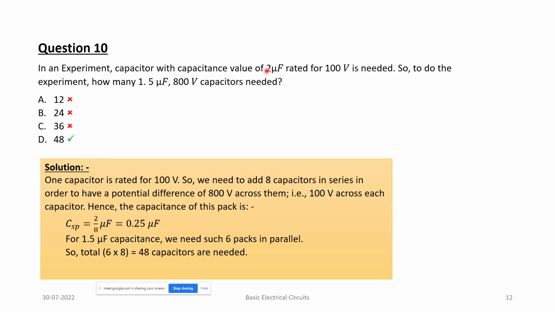Basically the question should be: in an experiment, a capacitor with capacitance value of 1.5 microfarad rated for 800 volt is needed. So to do the experiment, how many 2 microfarad 100 volt capacitors are needed to obtain this value? This should be the question, right? Please check and tell me if I am right or not.